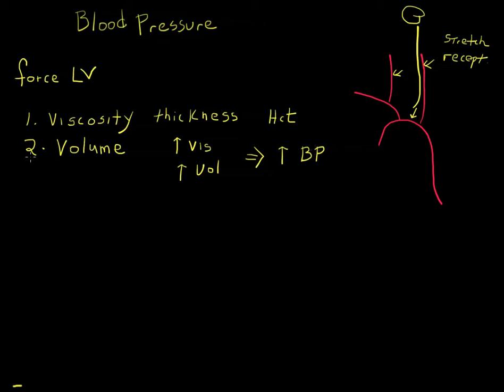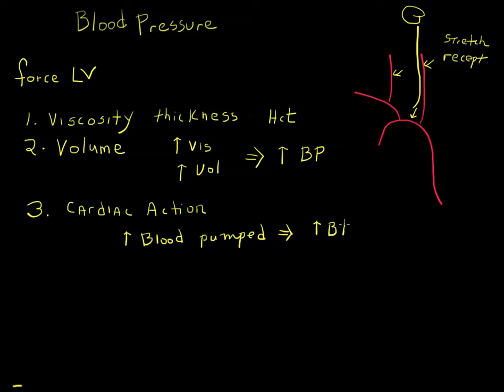Let's talk about the things that you can control on a short-term basis, and those things are the cardiac action, and the cardiac action just means what the heart is doing. So a very simple way to look at this is the more blood the heart pumps out, the higher the blood pressure.